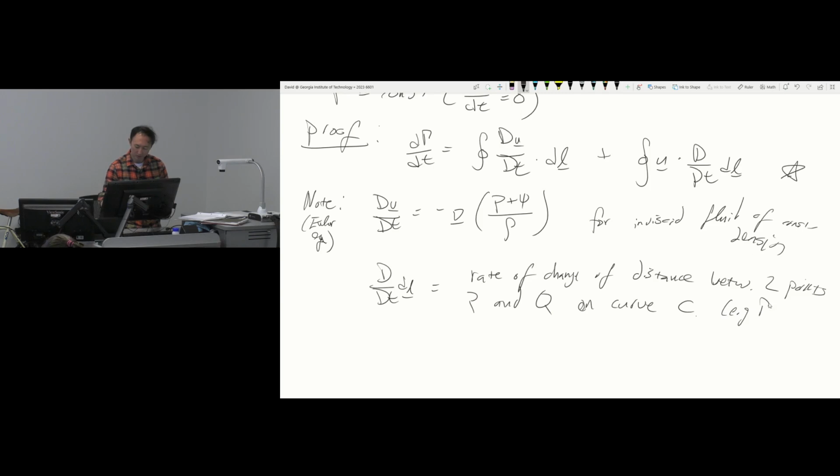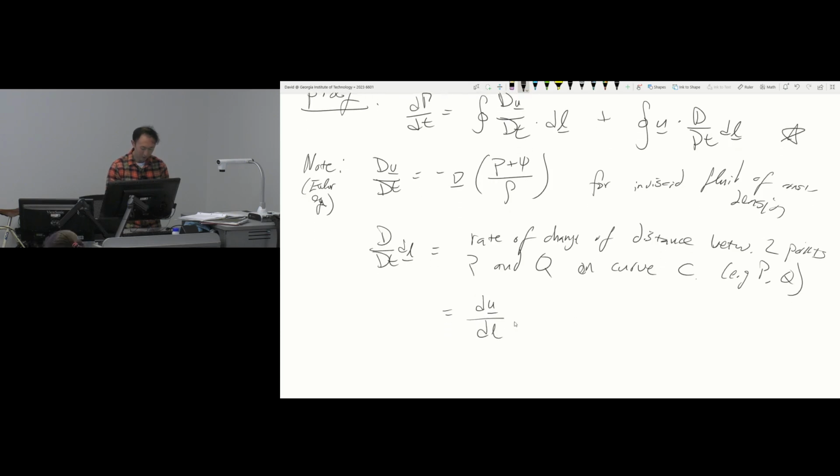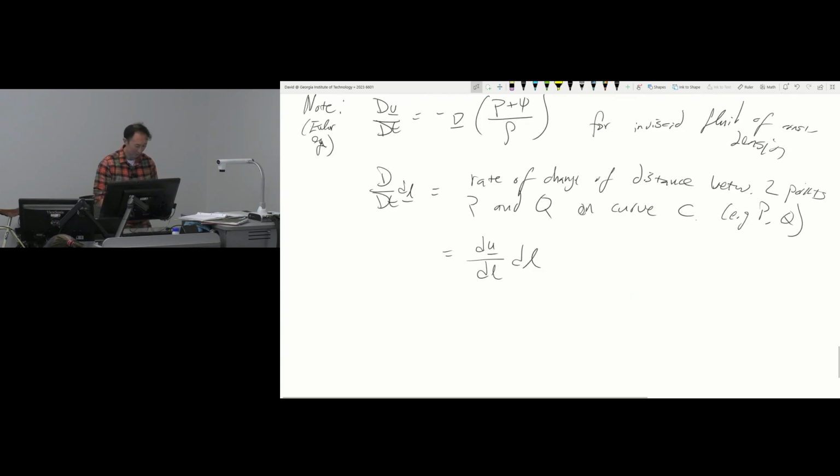We'll call this P and Q that I drew. The rate of change of the distance between those two points, I'm going to just call that how much U is changing with L, and I'm going to multiply by the change in distance. So let's plug this in.